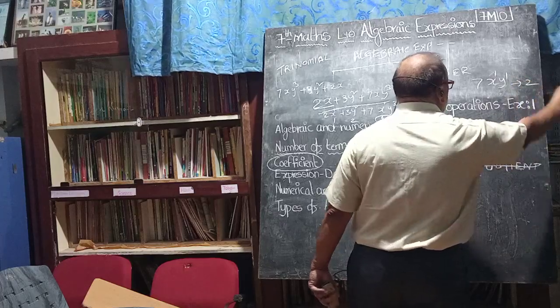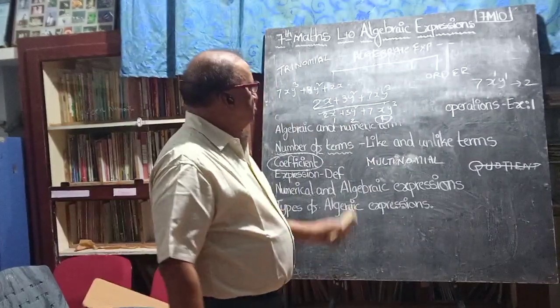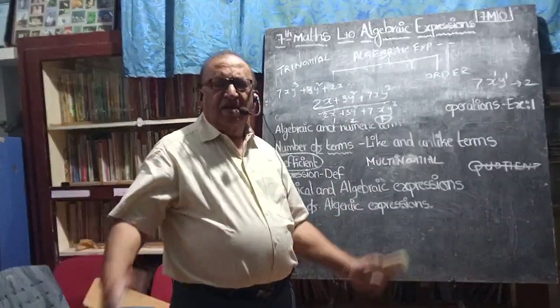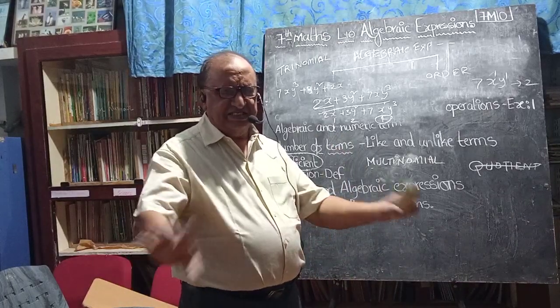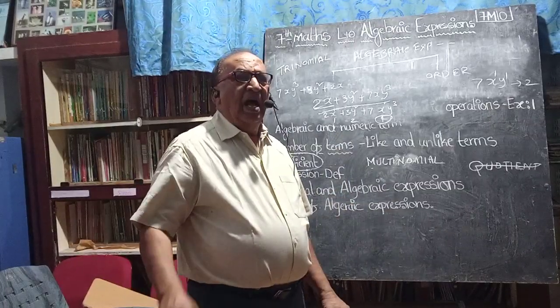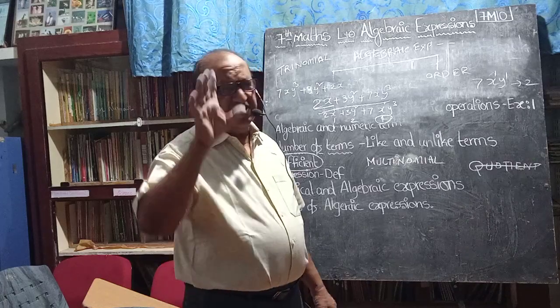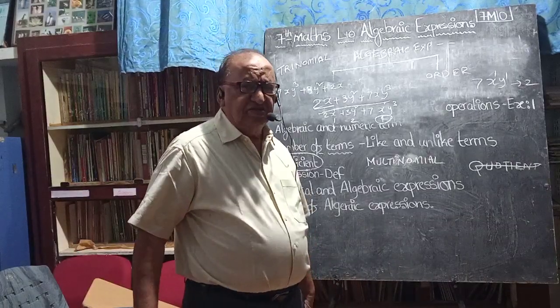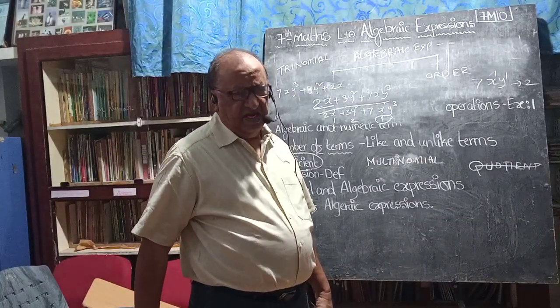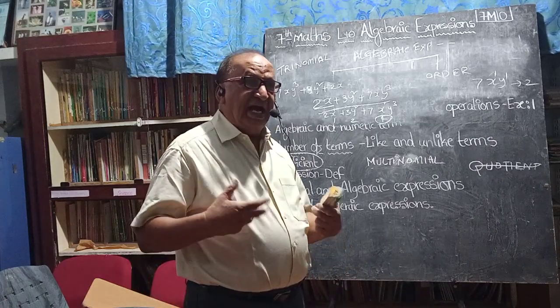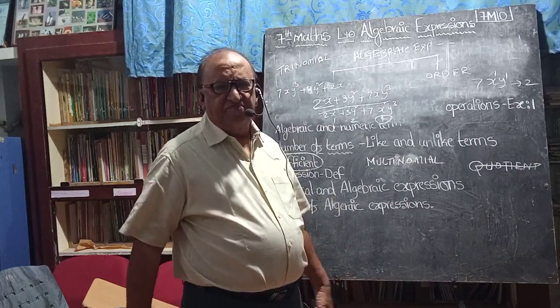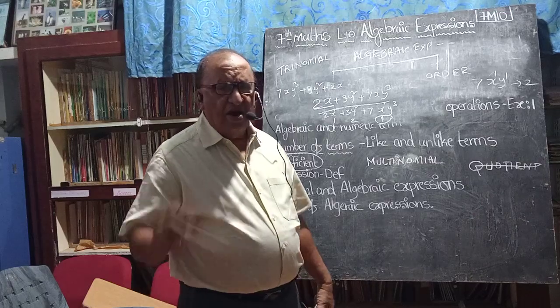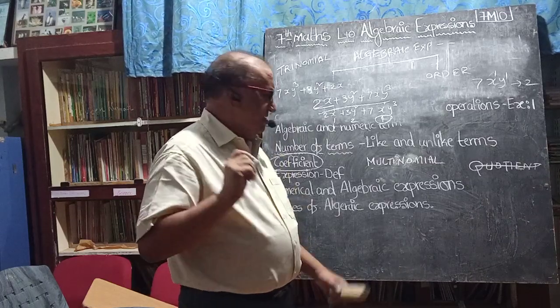So the order is 1 plus 1, which is 2. So you simplify the algebraic expression, add the powers of each term, and whichever is the highest number, that is called the order of the algebraic expression.